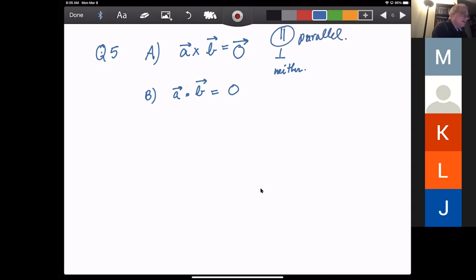That's correct. And what about when the dot product vanishes? Are they parallel, orthogonal, or neither? Okay, and part B is orthogonal. Exactly. Very good.